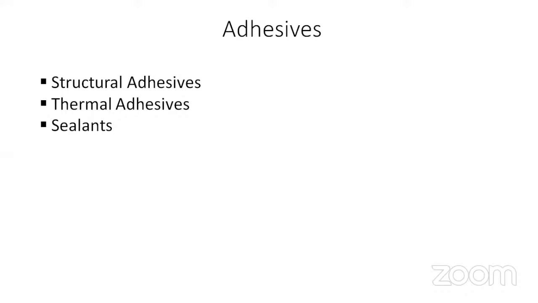We ideally use structural adhesive when we have to adhere plastic parts with the cells, or plastic parts with plastics. So for plastic to plastic adhesion, or plastic to cell adhesion, we use the structural adhesive. When it comes to cell to cooling tubes, then we use the thermal adhesive.